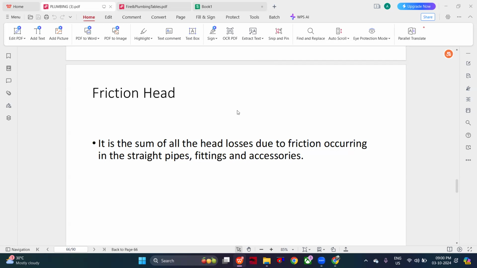The valves and strainers are the accessories. So that's the difference between fittings and accessories. Pipes are not accessories. Pipes are the straight pipe, which is a kind of friction over there. Obviously, fittings and accessories are different.